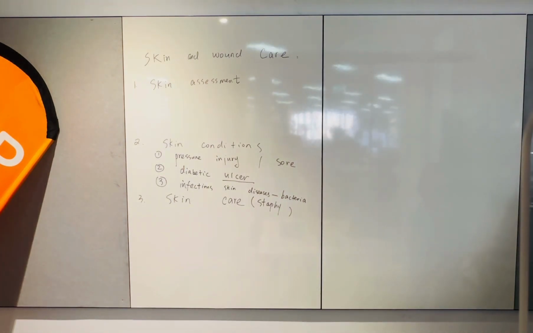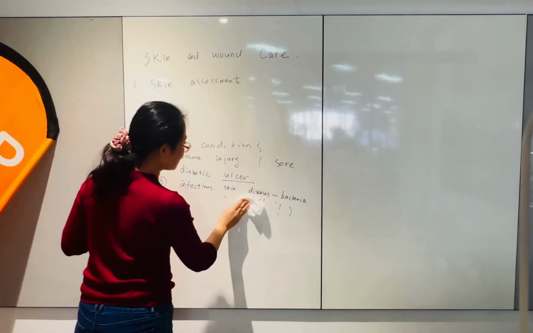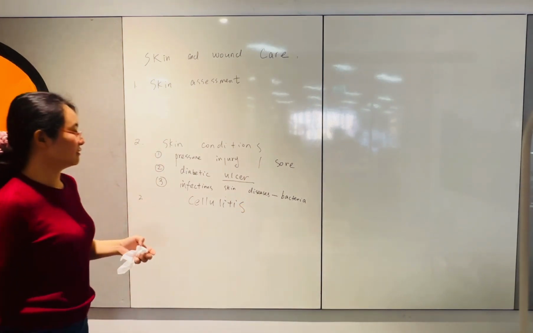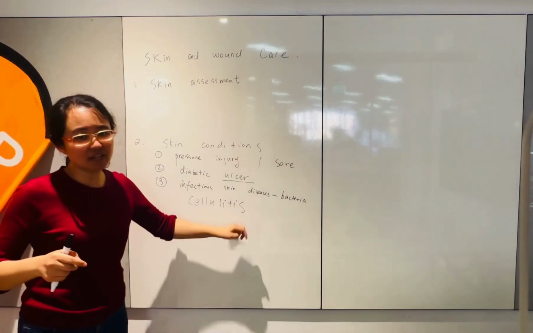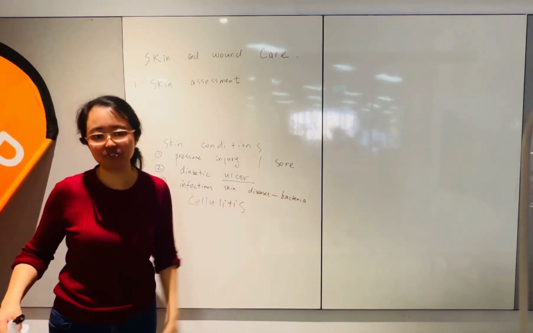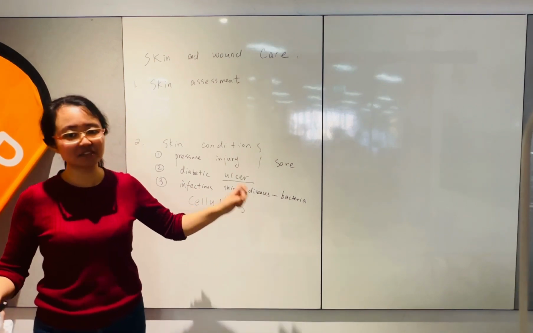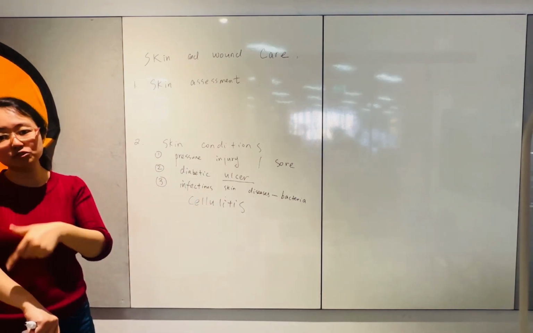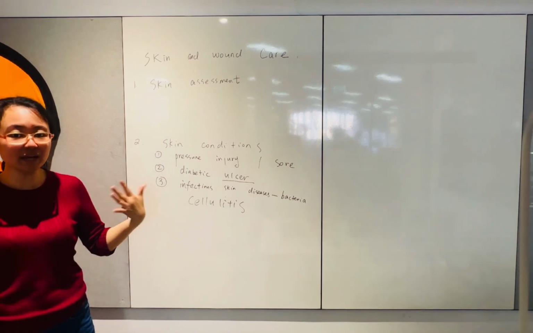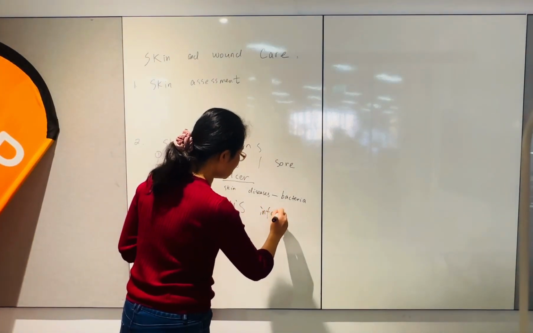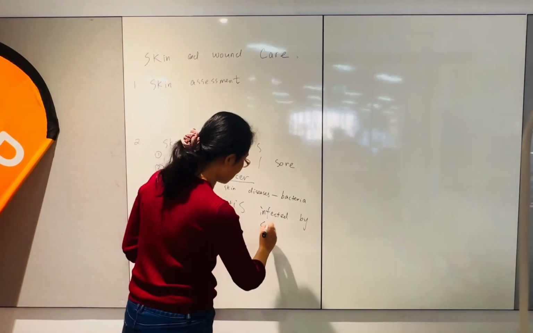Cellulitis is a quite common skin problem among elderly patients, caused by bacteria, especially Staphylococcus. The bacteria travel through a broken area on the skin and trigger inflammation of the skin.